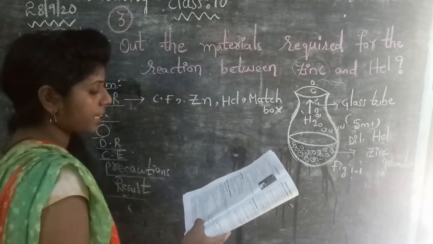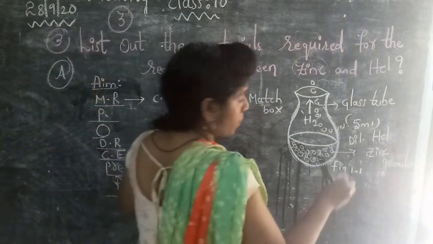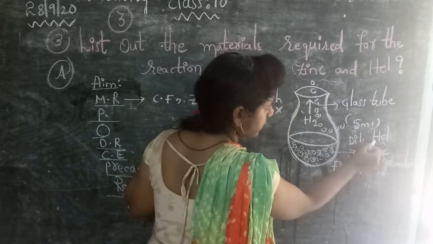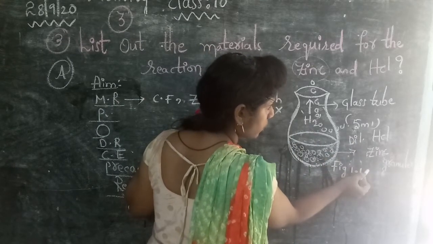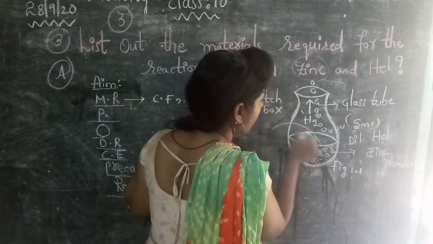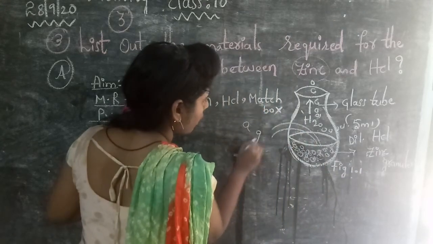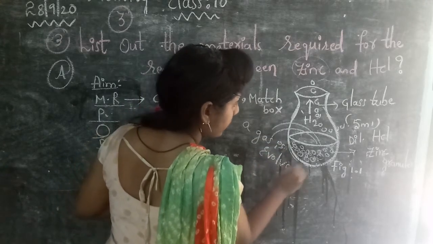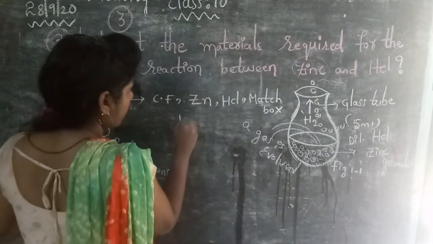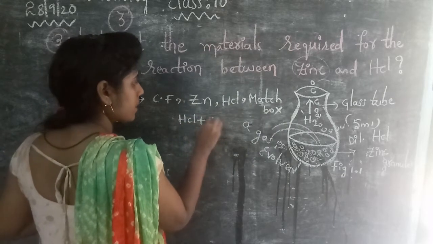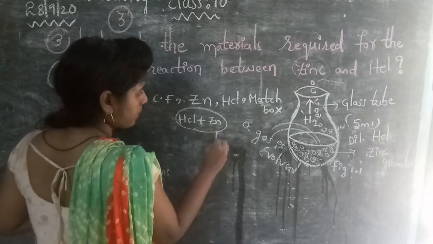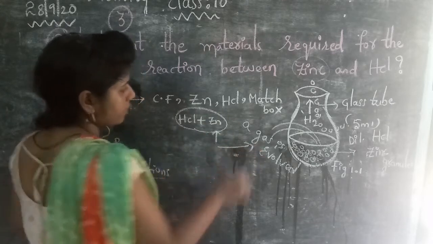Observation. It is observed that a gas is evolved. Whenever hydrochloric acid reacts with the zinc granules, you can notice that a gas is evolved. When HCl and zinc granules react, ultimately gas is evolved.